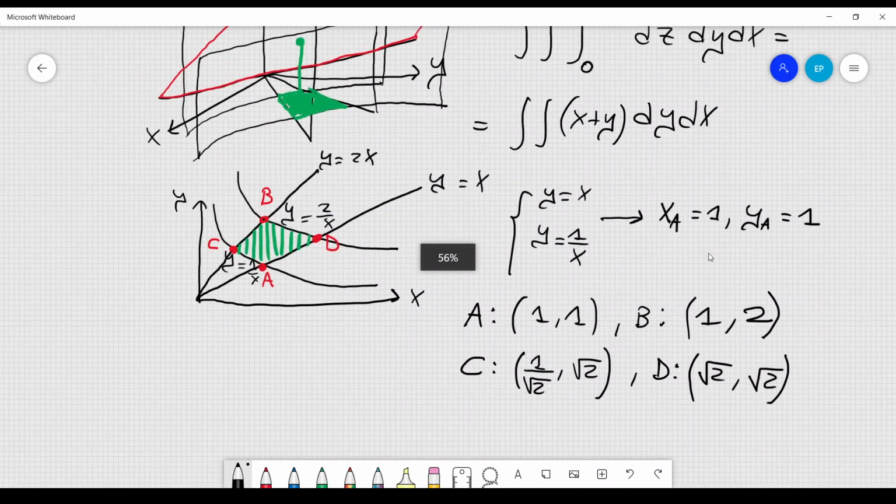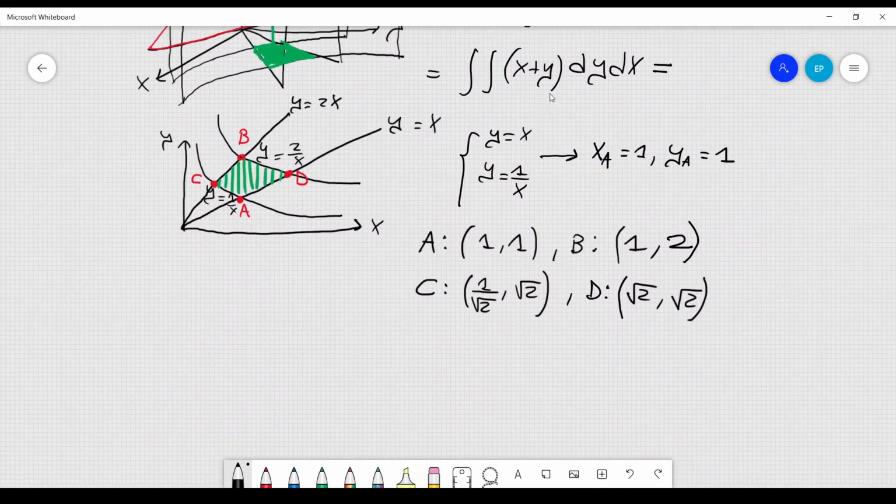So if I want to calculate the integral above, if I want to integrate over y first, then I have to split the integral into two integrals because I have to go from C till this vertical line here. So I integrate from the hyperbola 1 over x to the line y equal to 2x, and then I'm moving over x from x equal to 1 over square root of 2 till x equal to 1.